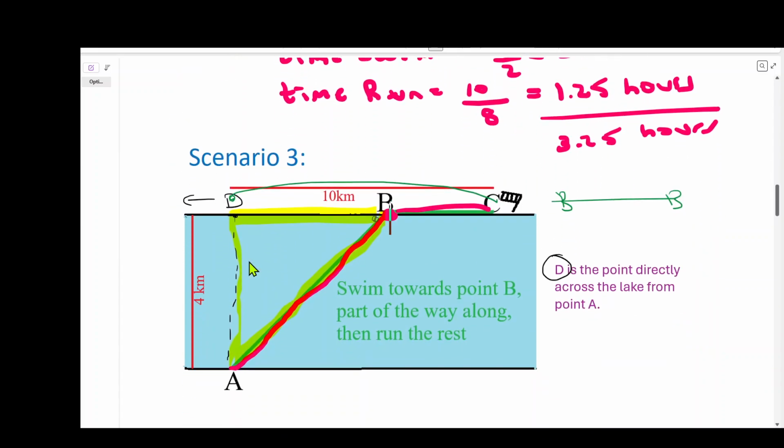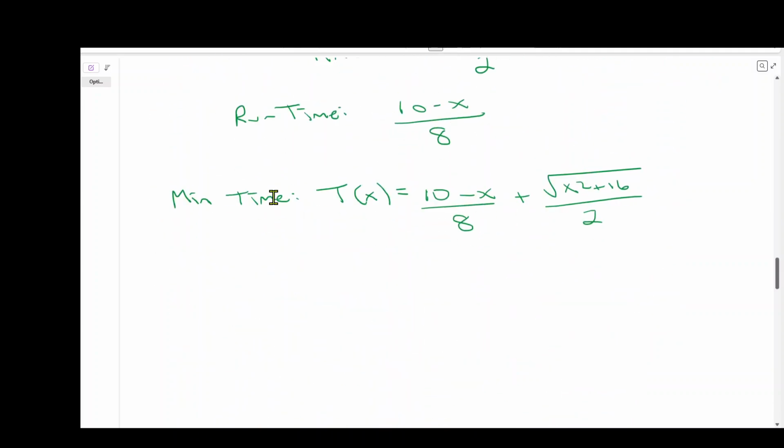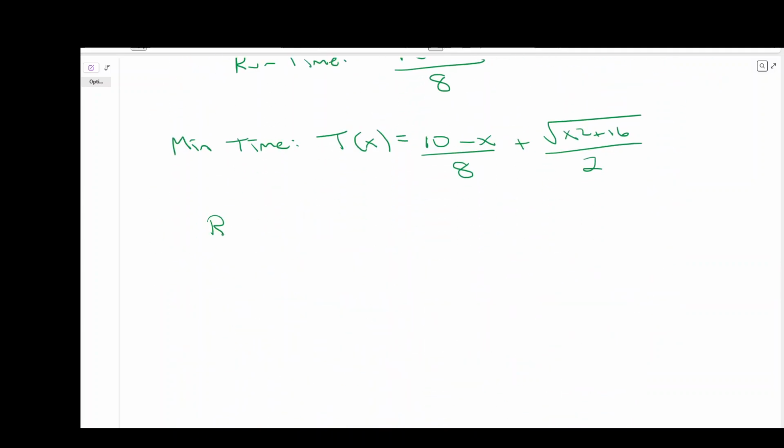And the minimum distance is, well, again, I'm not going to put B to the left visually of where I put point D. So the minimum distance between D and B is if they're actually at the same spot, which is 0. So my restrictions are that x is between 0 and 10.